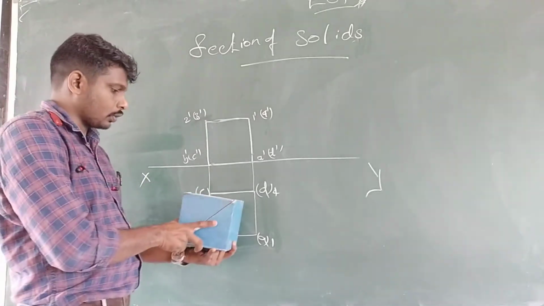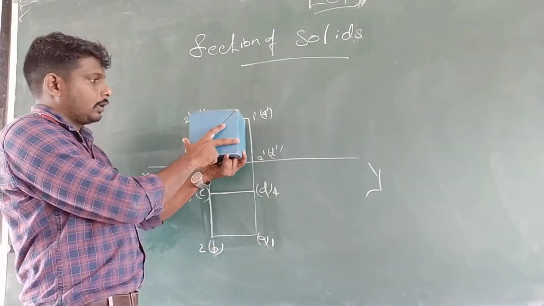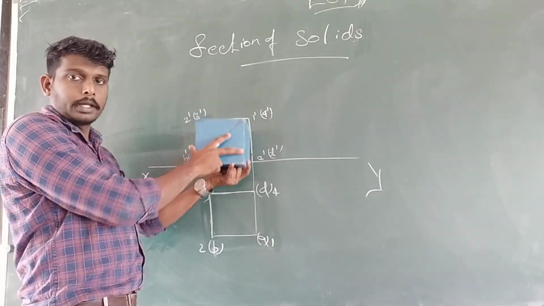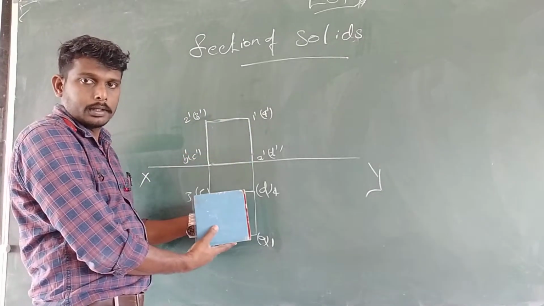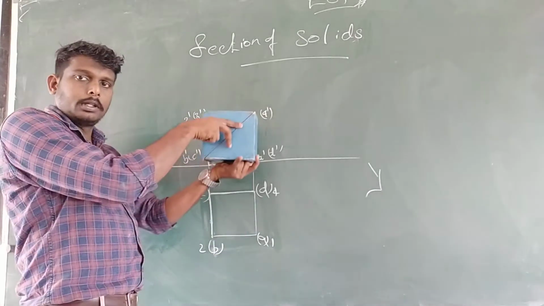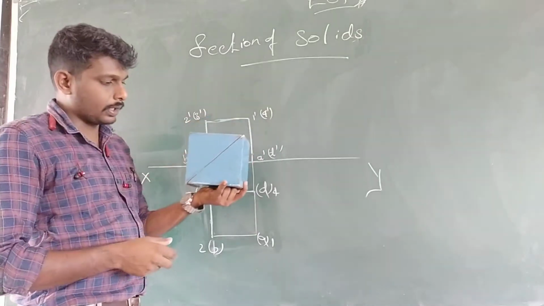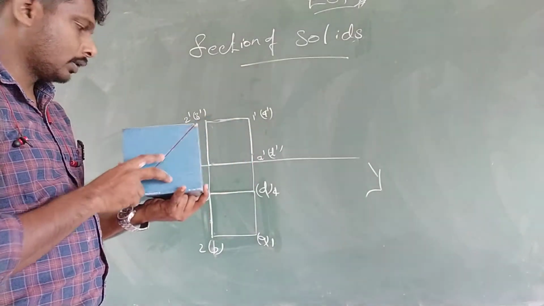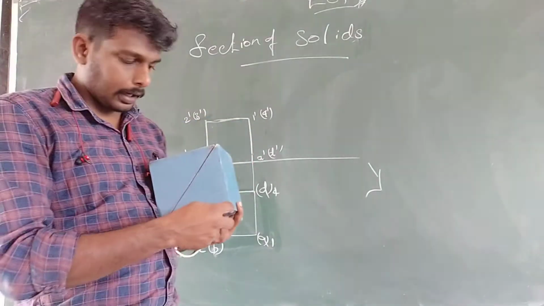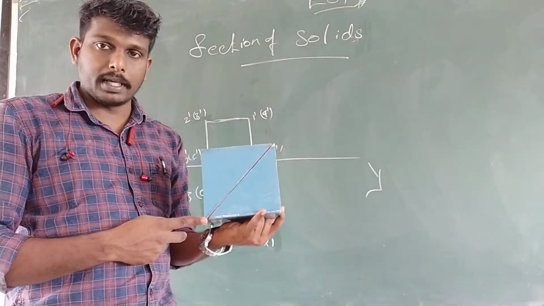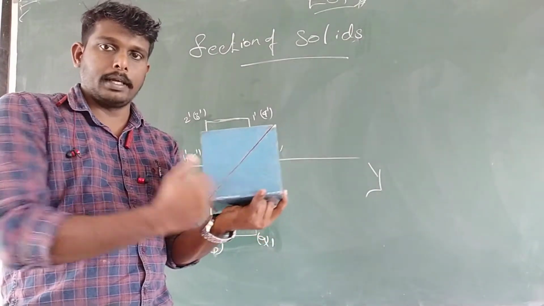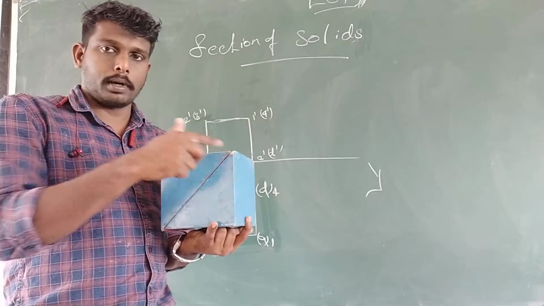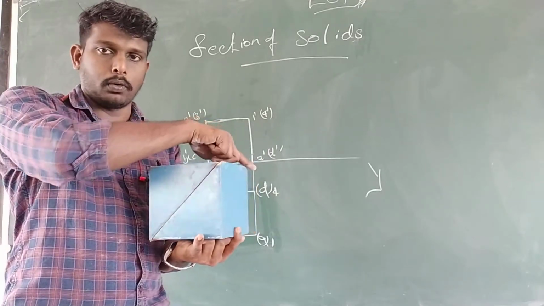Here the solid is resting like this. As you know, the top view will be like this. I name the solid like this. The base coordinates are A, B, C and D. Top coordinates 1, 2, 3 and 4.